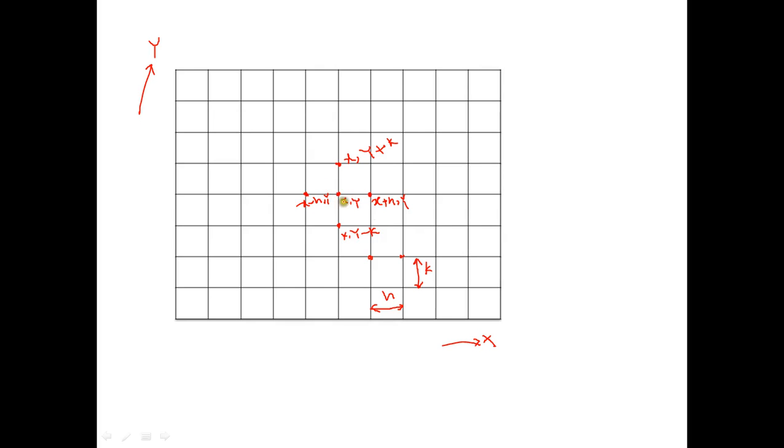If h and k are equal, that means if it is one centimeter and the other is also 1 centimeter, then definitely the same value will occur.